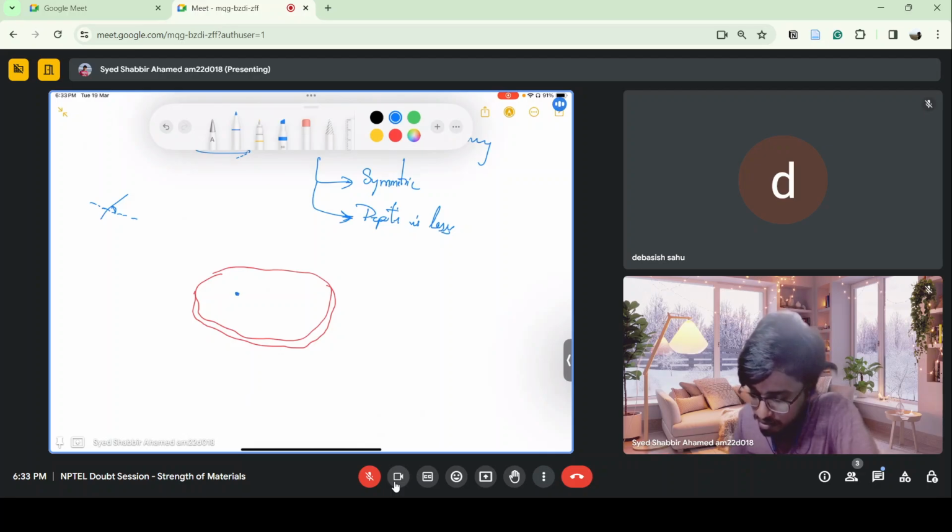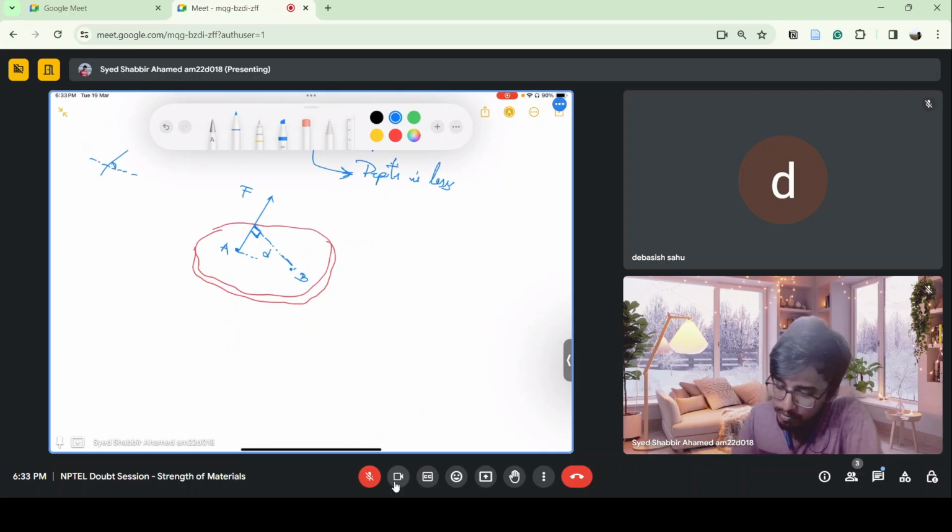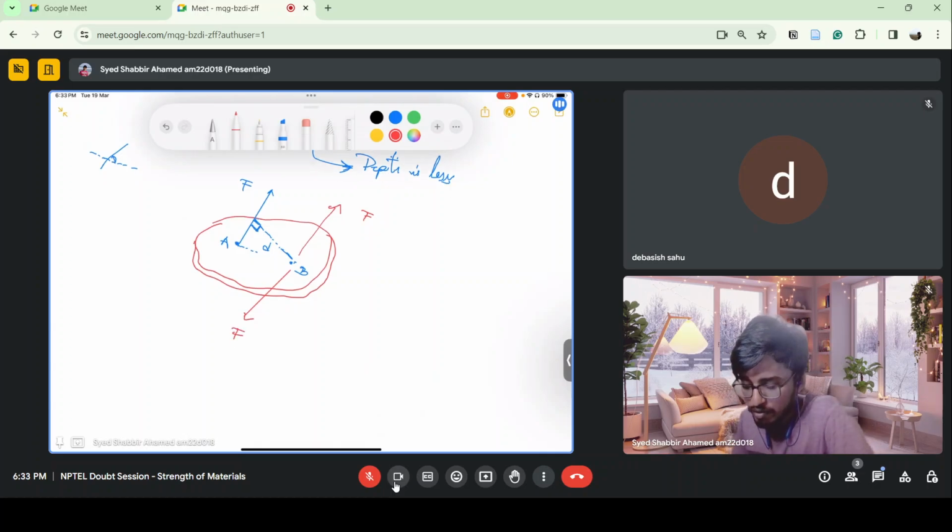Let's say if we have a force F at point A, and if I want to shift this force to point B, I should add something extra, let's say a force in the opposite direction, so there is no effect on the B point.